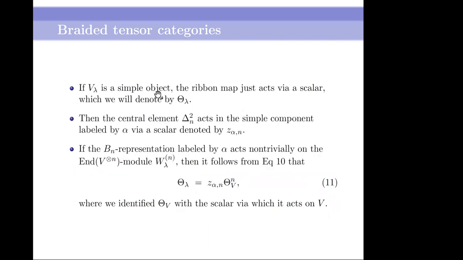If V lambda is a simple object, the ribbon map will act on it by a scalar theta lambda, and the central element acts on a simple component labeled by alpha via a scalar. If the B_n representation labeled by alpha acts non-trivially on the V tensor n modules, then it follows that we have the following relation from equation 10, where we identify theta V as the scalar with which the ribbon map acts on V.